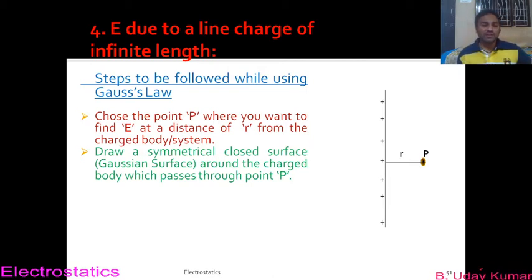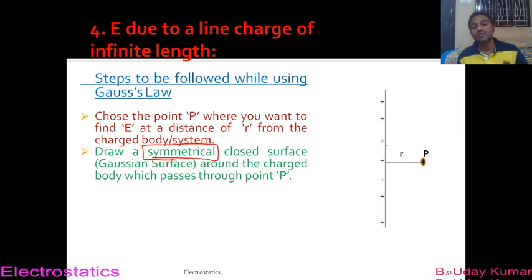We have to construct a symmetrical closed surface, which we call a Gaussian surface, around this system of charge in such a way that this closed surface passes through point P.